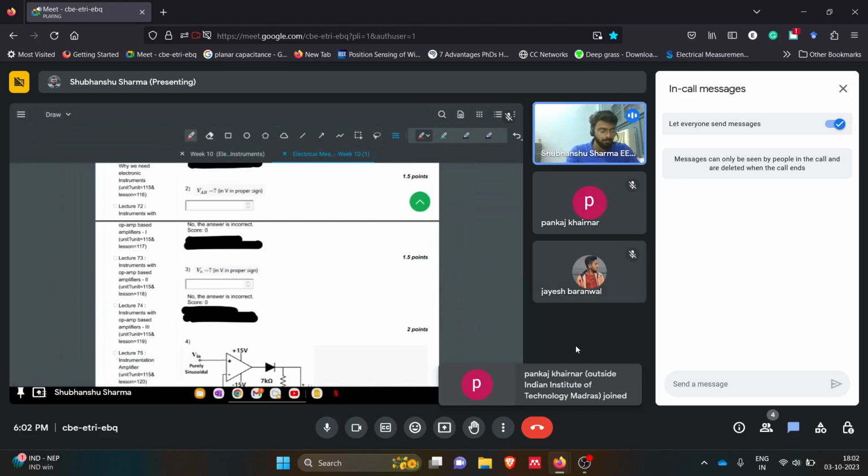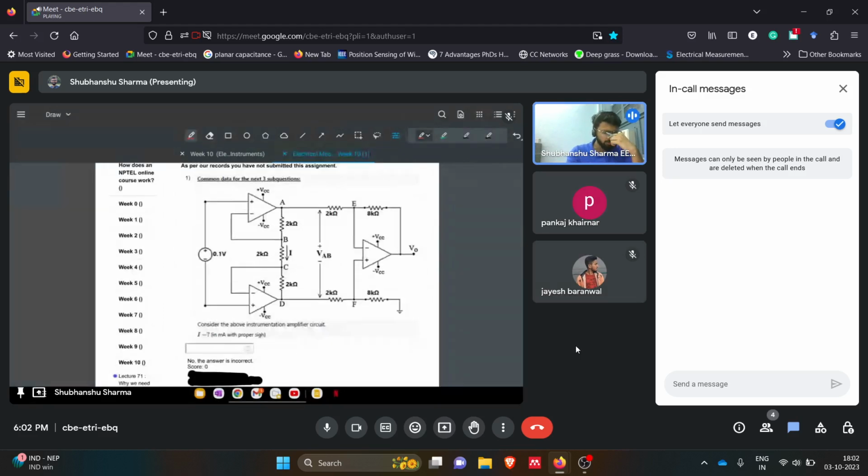We use the instrumentation amplifier to avoid the loading effect, which we might face in our system if we use a differential amplifier connected in differential configuration.